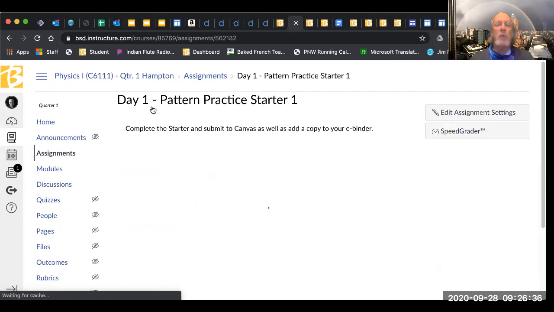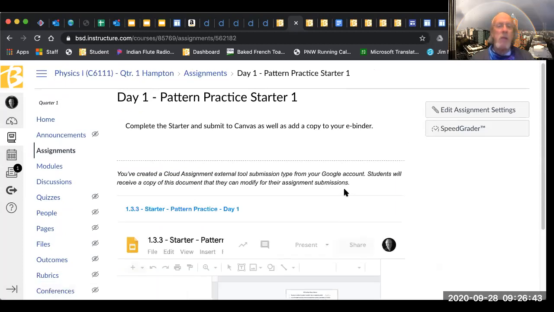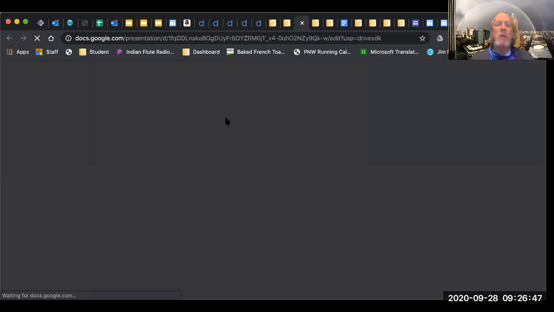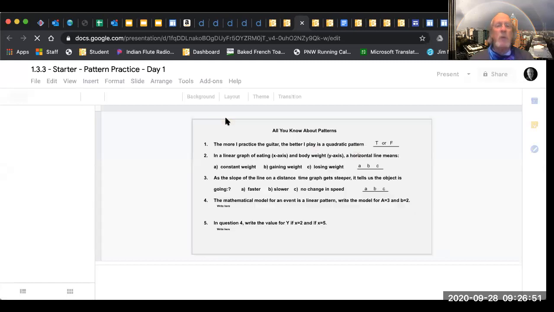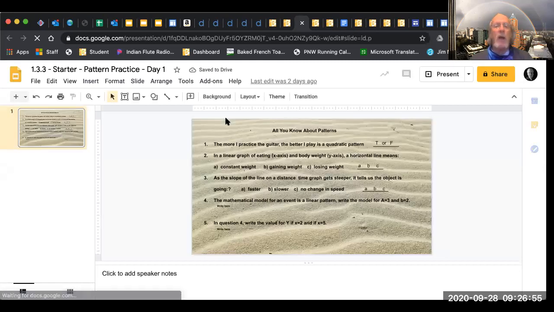When you do the starter, you're going to see a Google slide. And the Google slide has 5 questions on it. First question, the more I practice the guitar, the better I play, is a quadratic pattern.